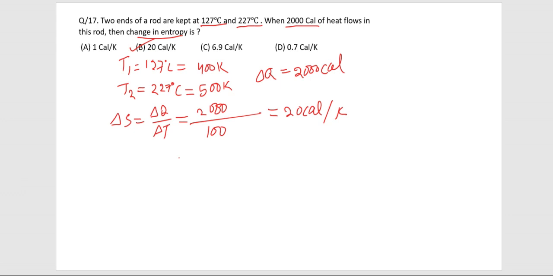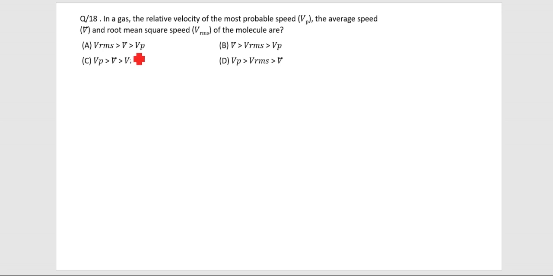So next question. In the next question, it is asking to find out the relation between most probable speed, average speed, and root mean square speed. So first, VRMS is given by root of 3 kT by m, whole root.